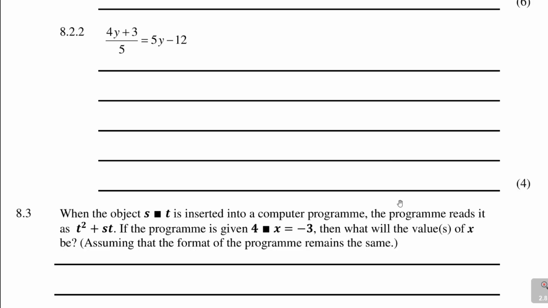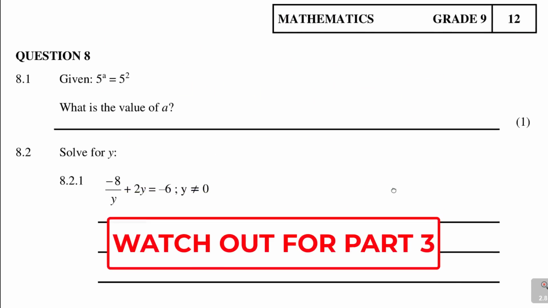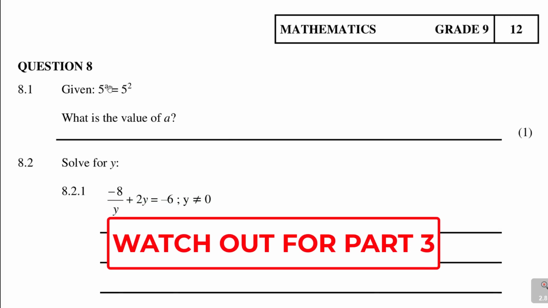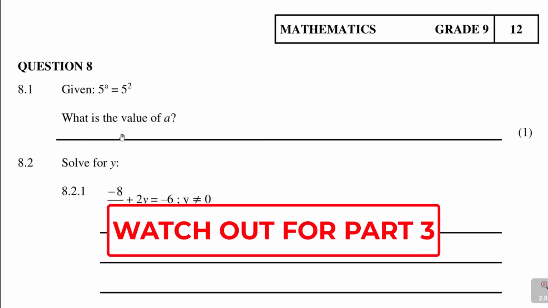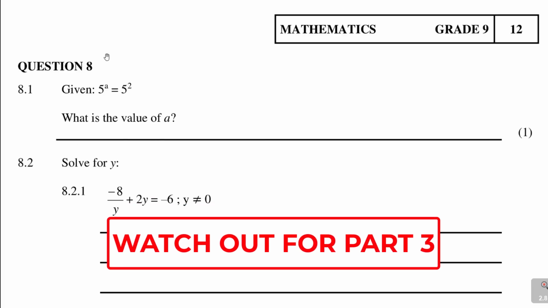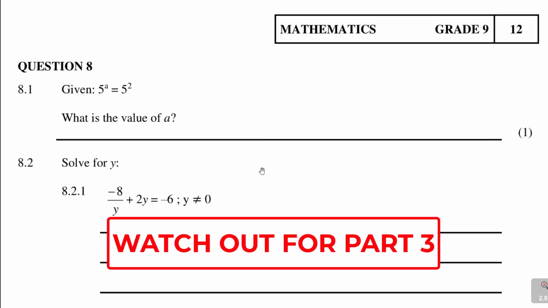It's not going to take long, but watch out for part 3 of this video because of the length. I don't want these videos to be more than 1 hour. So join me again in part 3 where I just do question number 8. And as I said, if you want the distinction, you will stay tuned. If you just want a funny mark, it's up to you.